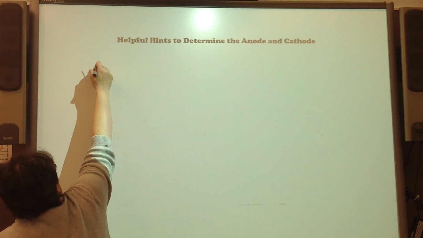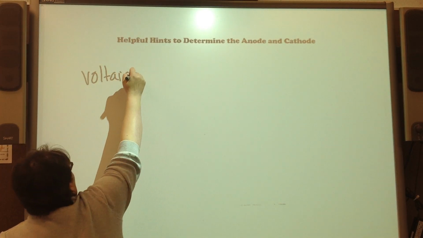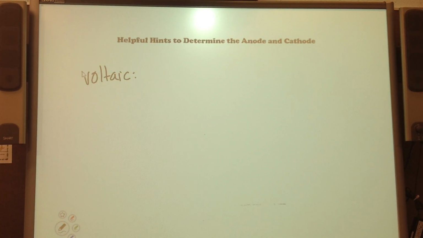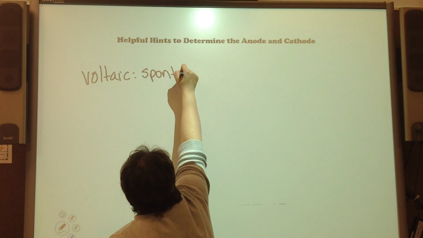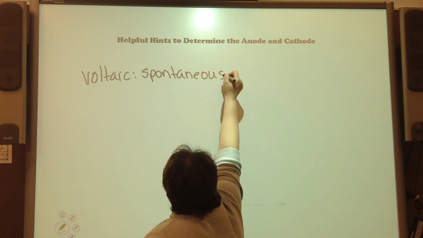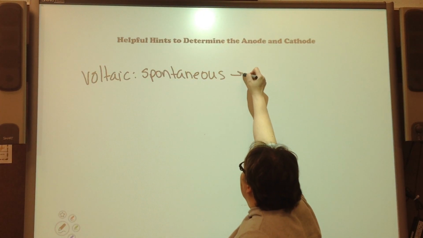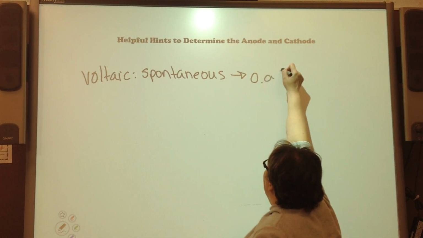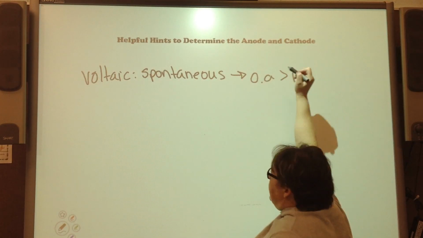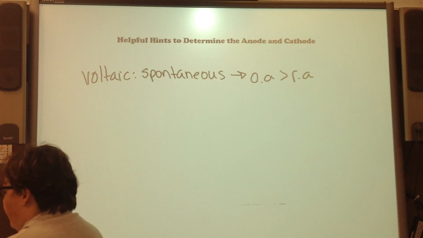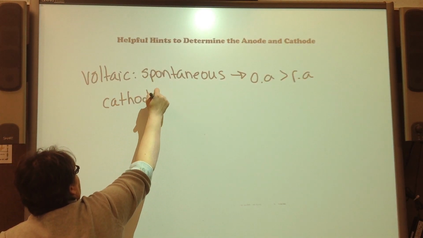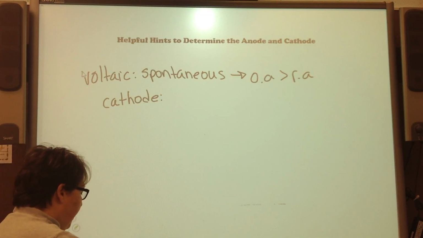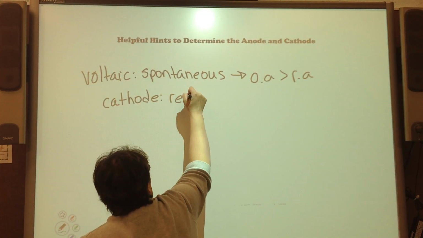So voltaic. What's something that we know about voltaic? Spontaneous. And spontaneous means what? Oxidizing agent is greater than the reducing agent. So the cathode, which reaction happens at the cathode? Reduction.